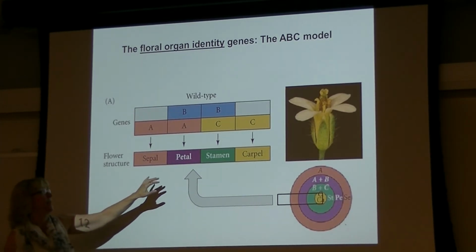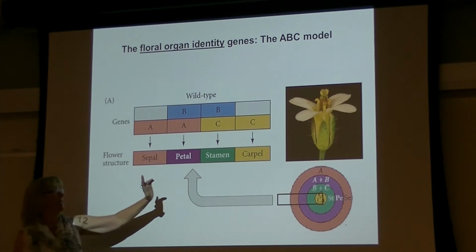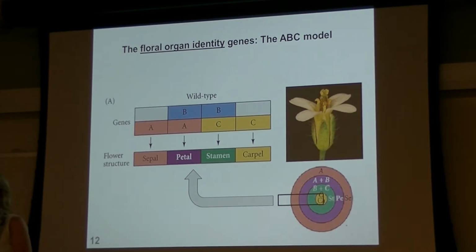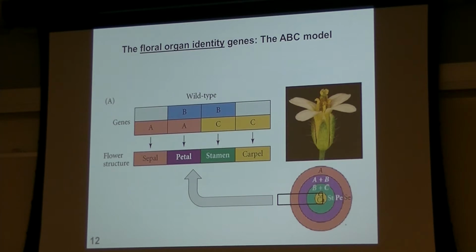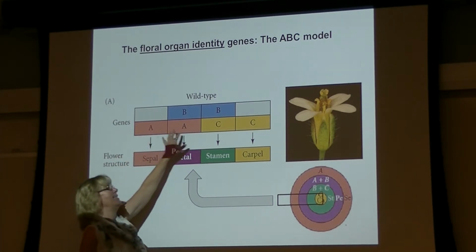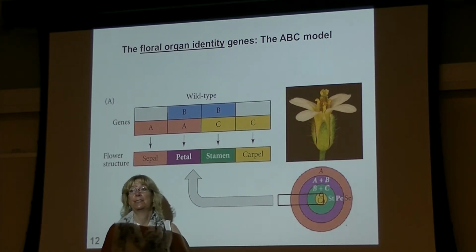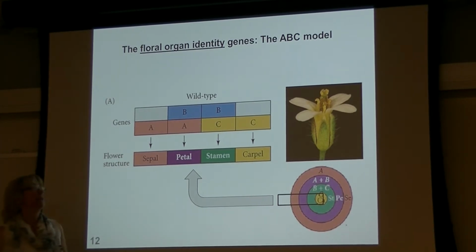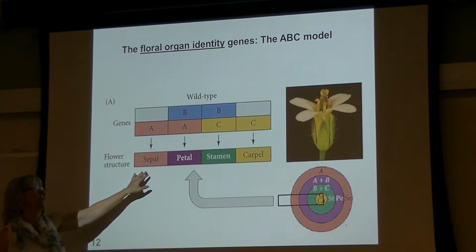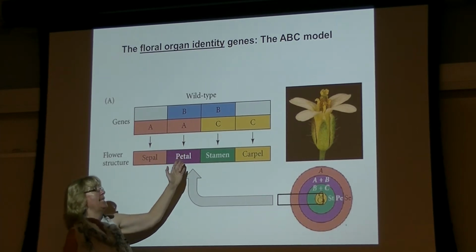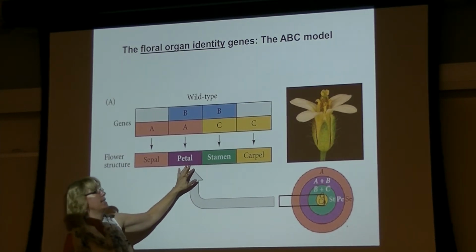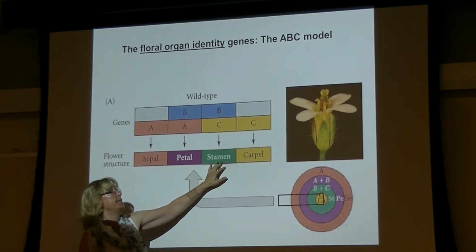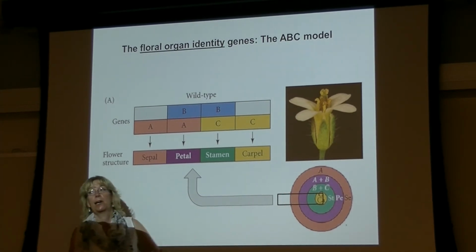The B genes are expressed in petal and stamen territories, and the C genes in the stamen and carpel territories. So then if you look at either the individual genes or the combinations of genes, you actually have now divided this up into 4 different territories, right? So A alone, that territory usually becomes the sepals. The territory expressing B and A together, that will become the petals. Then we have a different territory for stamens and a different territory for carpels.